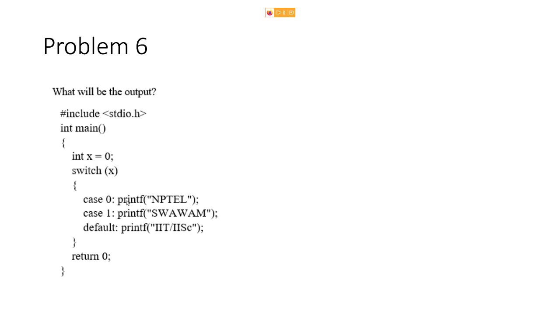The control flow of the program will be that in the switch, you're giving it some value x. Based on that, if x were 1, then you would go to case 1, print Swayam, and after that you will go to default and print IIT IISc. So if x were 1, your output would be Swayam IIT IISc.